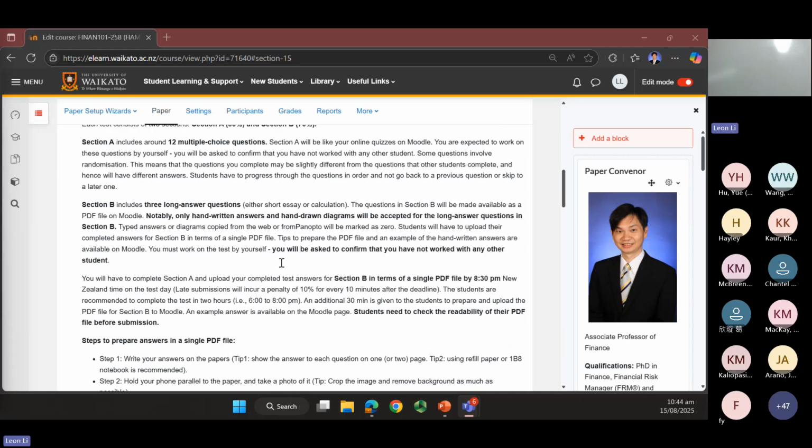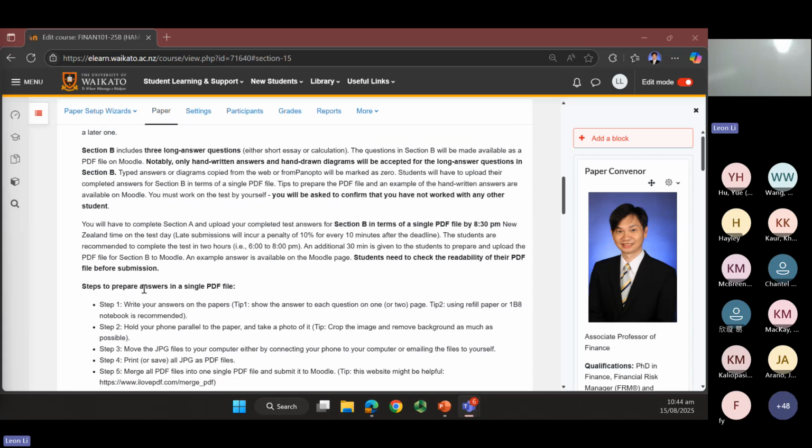And you have to upload a single PDF file to our Moodle page. We have some tips for you about how to prepare the answer in a single PDF file. But students, you might have your own way to handwrite the answer and to screenshot. It's fine. Just giving you one example.